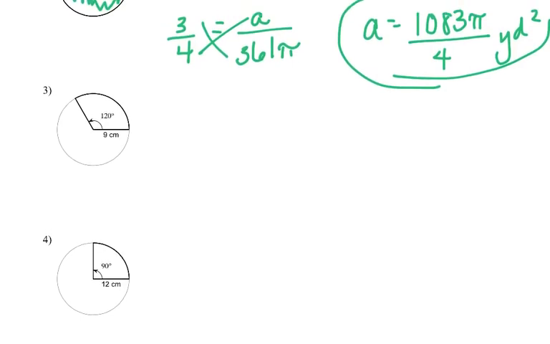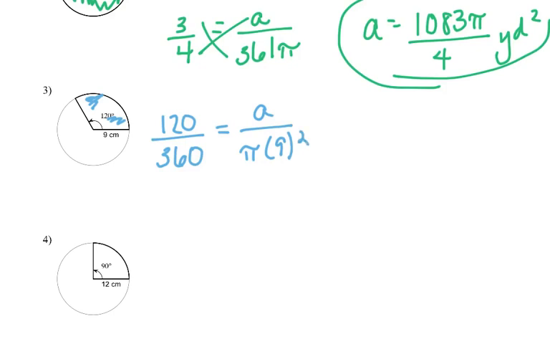So in number 3, we've got 120 degrees for the central angle over 360 degrees. So we're basically looking for a third again of, we've got our area of that sector, we don't know, over the area of the whole circle. So pi times r squared.